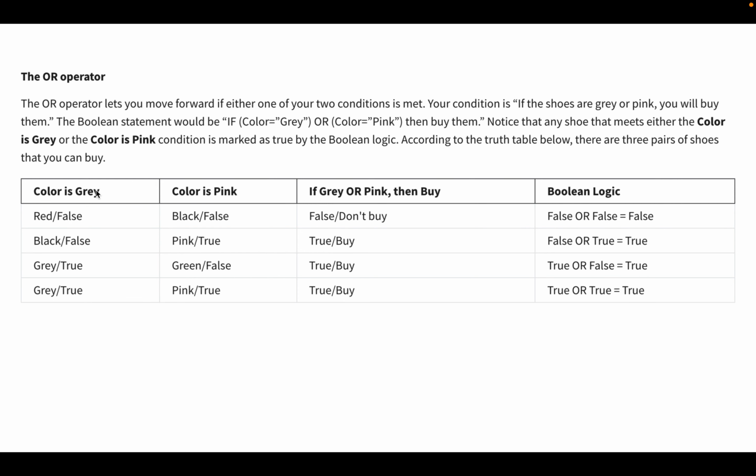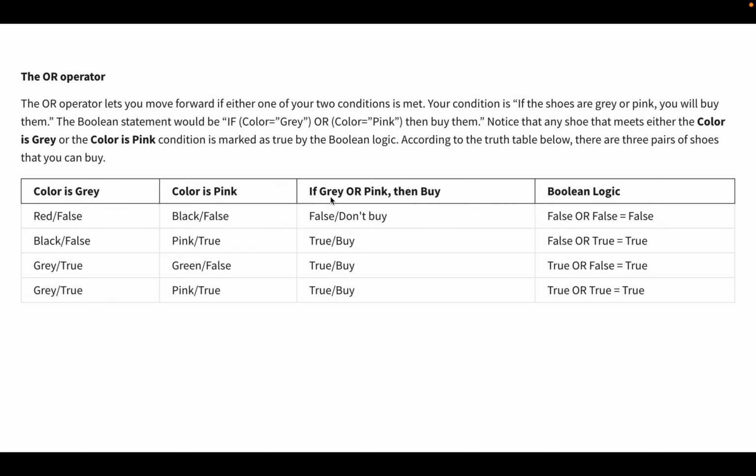The same as, look at this, the or operator. So if the color is gray, so gray true, the other color is false. If the color is pink, so pink true, black false, green false. If gray or pink, then buy it.